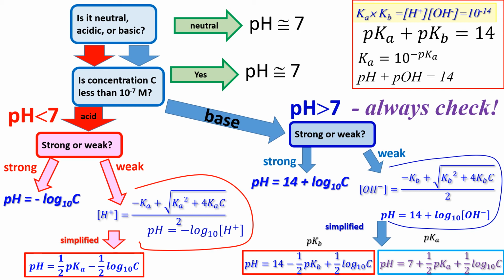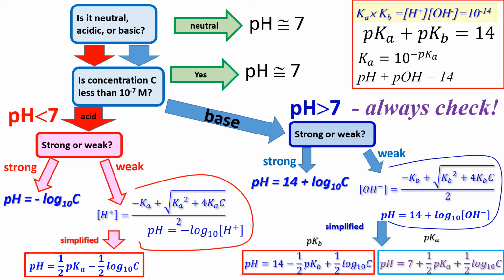If it is weak, you are solving a quadratic equation, receiving this formula, you plug in Kb and concentration here, and you receive the concentration of hydroxide. From the hydroxide concentration, you can calculate pH by this simple expression: pH equal to 14 plus the decimal log of the concentration of hydroxide ion.